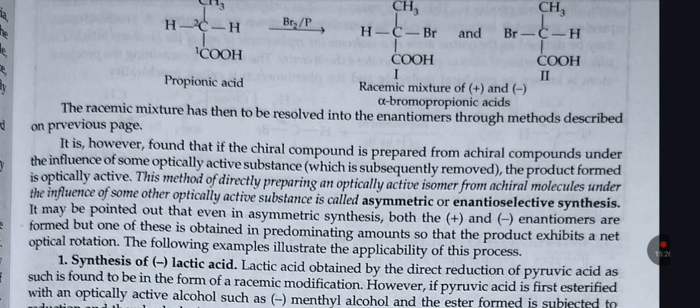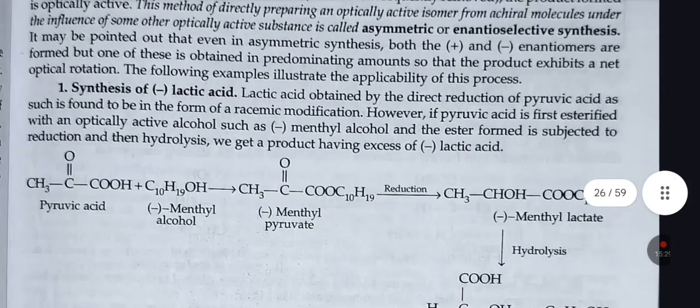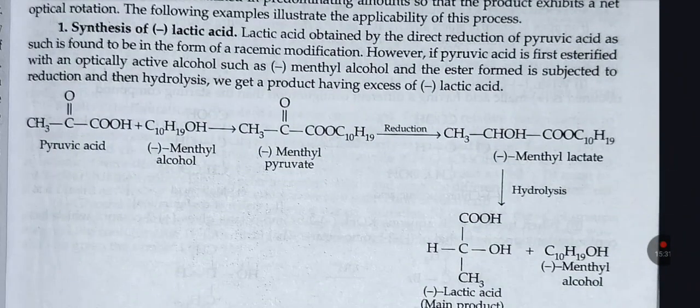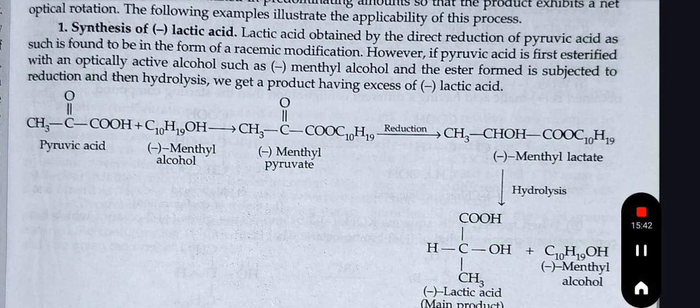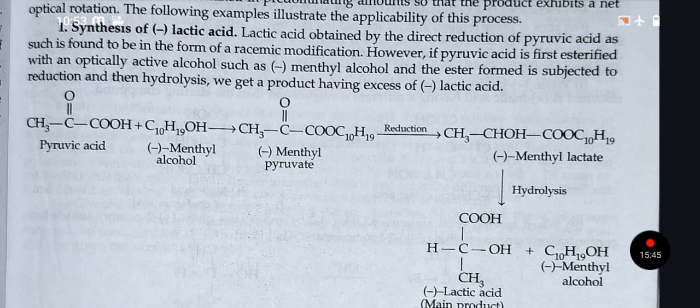the applicability of this process. First, synthesis of minus lactic acid. Lactic acid obtained by the direct reduction of pyruvic acid is found to be in the form of a racemic modification. However, if pyruvic acid is first esterified with an optically active alcohol such as minus methyl alcohol, and the ester formed is subjected to reduction and then hydrolysis, we get a product having excess of minus lactic acid.